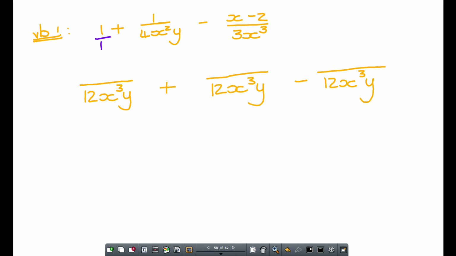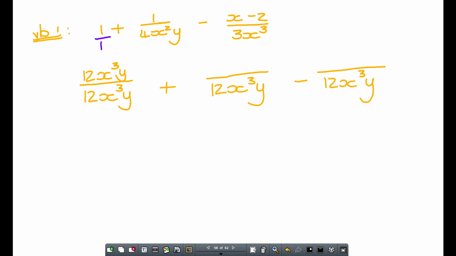Nou gaan kyk ek gewoonlik by hierdie eerste term, if I just look at that one, what would I have to multiply with at the bottom to get 12x to the power 3y? Ek moet maal met 12x tot die mag 3y. En as ek dit onder doen, dan moet ek dit ook bo doen. Okay, hierheen was gelukkig lekker maklik, want 1 moet mos nou bo en onder dieselfde lyk.